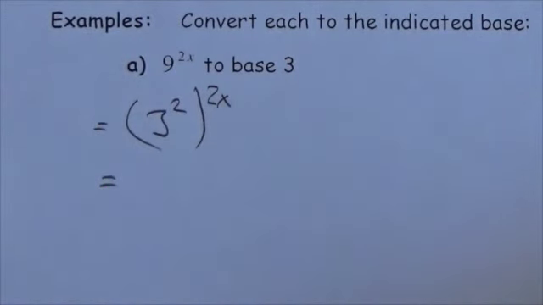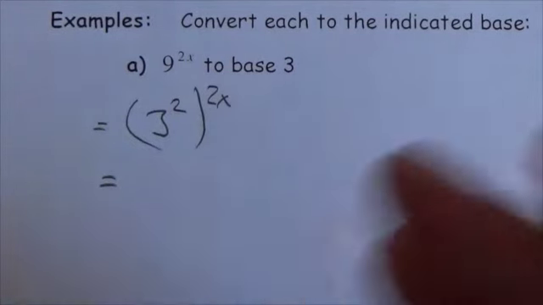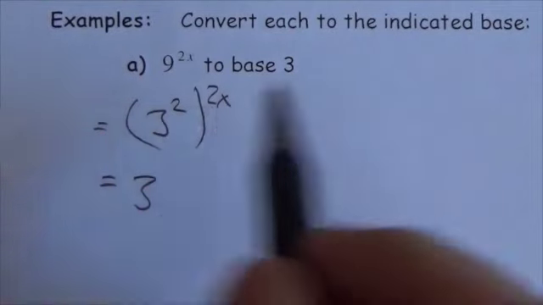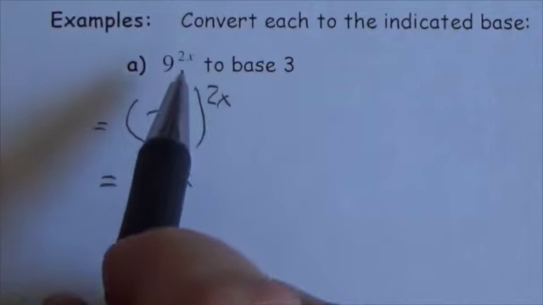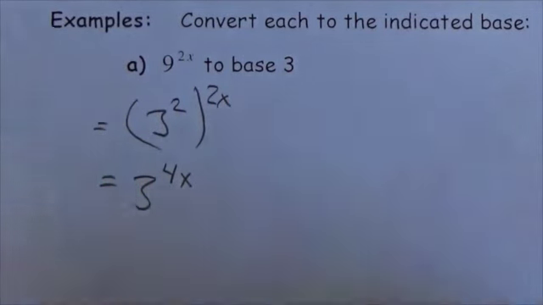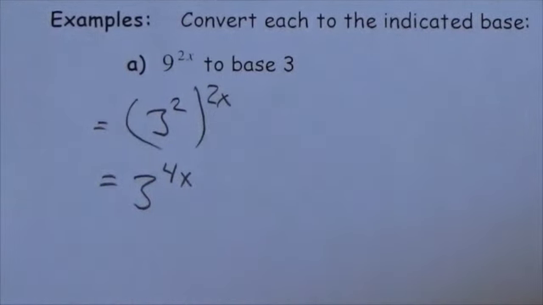Let's think back to some previous work. What do I do when I've got a power of a power? I multiply the exponents. So this becomes 3 to the 2 multiplied by 2x, or 4x. So 9 to the 2x is going to be exactly the same as 3 to the 4x, because I really haven't done anything. 3 squared is still 9.